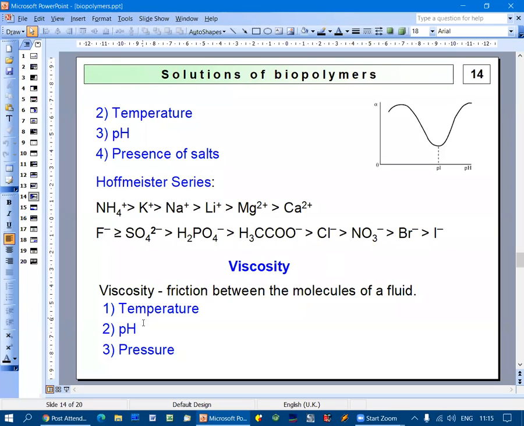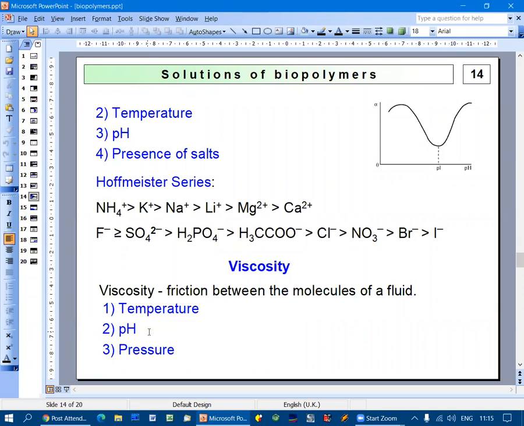Of course, the viscosity will depend on pH because the shape of the molecule depends on pH value. At isoelectric point, molecules of polymer will form globules, and the diameter of globules will be smaller than at the other pH values.